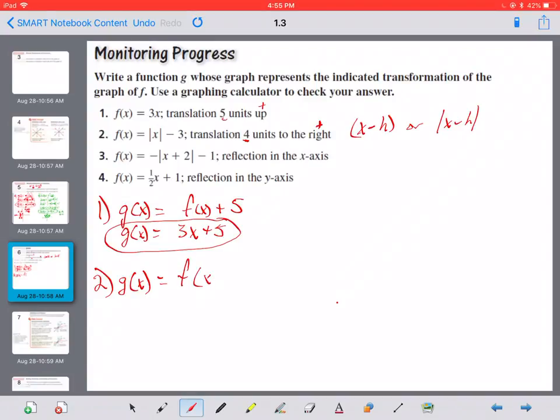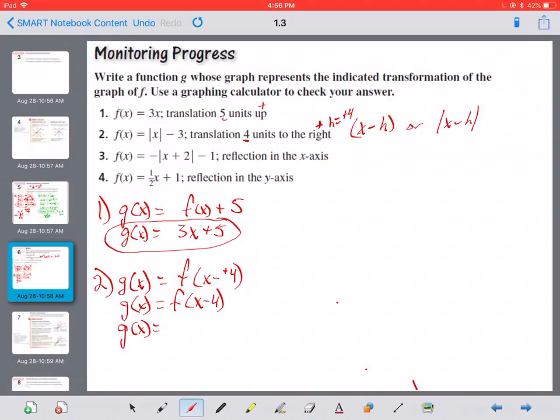So what we have to do is f of x minus, and this is where we put the positive 4, which basically makes it f of x minus 4. Remember, it's opposite to get in, opposite to get out. If my h is a plus 4, when it goes in, it's got to be a minus 4, opposite to get in.